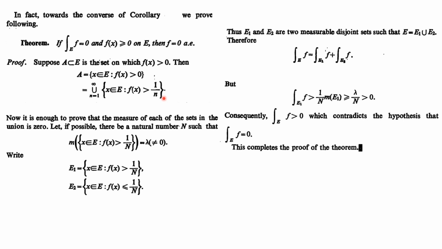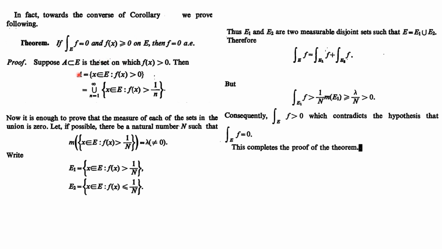So now what do we want to show? We want to show f is 0 almost everywhere. So it is enough to prove that the measure of this set A is 0. If the measure of A is 0, then this implies f is 0 almost everywhere. Why? Because there are only two possibilities: either the function is strictly greater than 0 or f is 0.